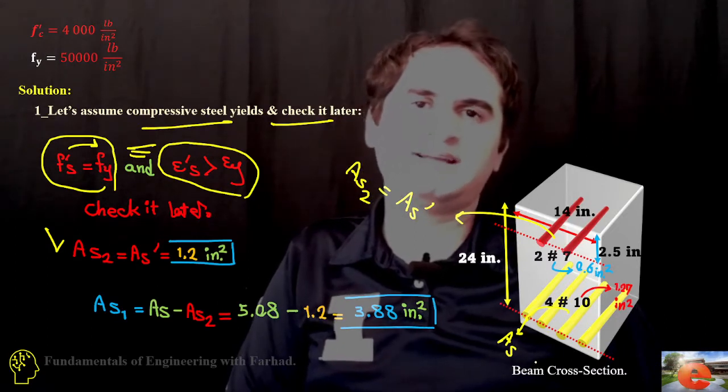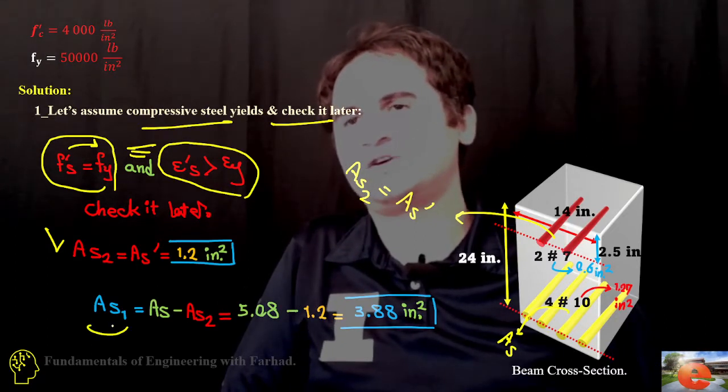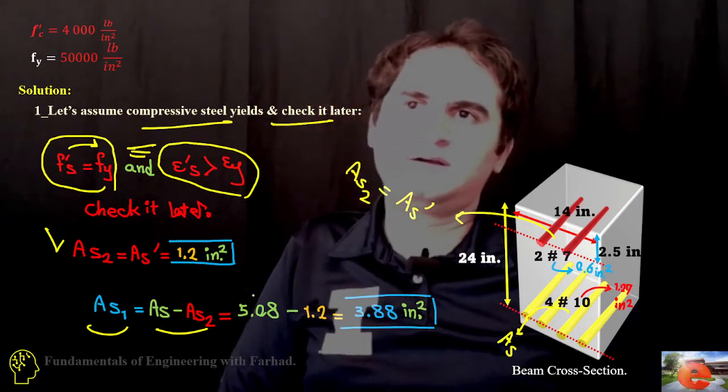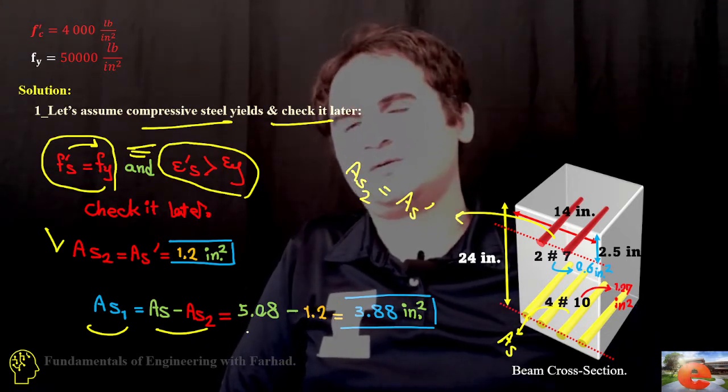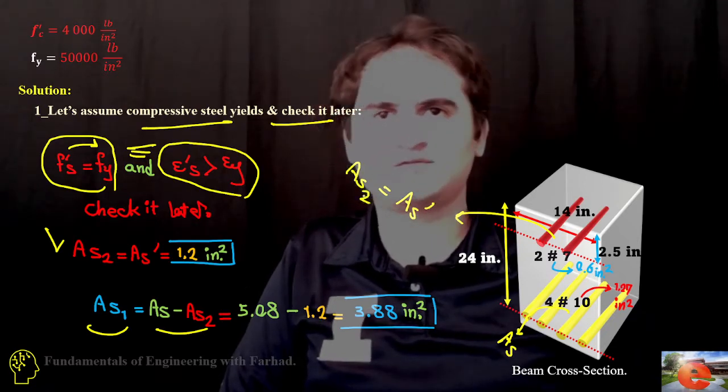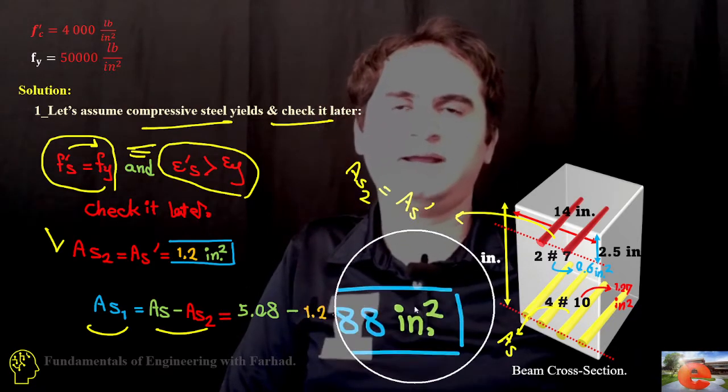Then we subtract: A s1 is the difference between A s minus A s prime, 5.08 minus 1.2, which gives A s1 equal to 3.88 inches squared.